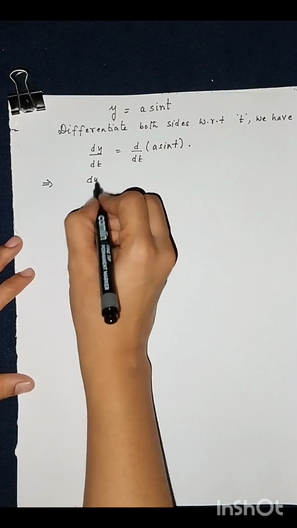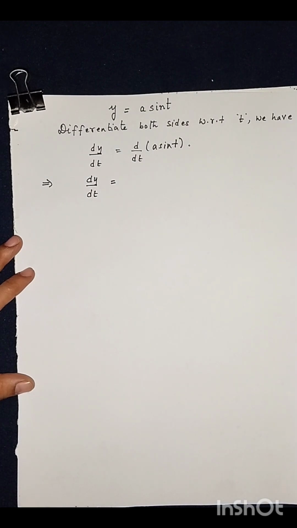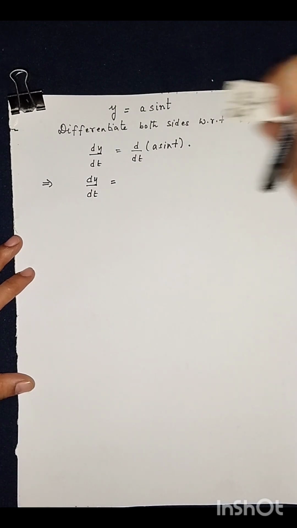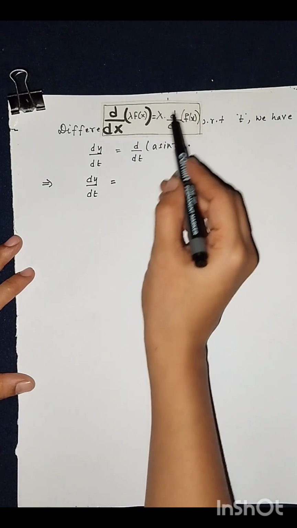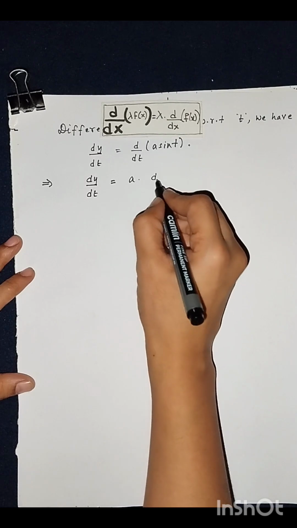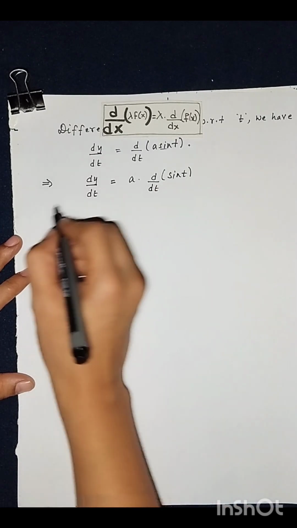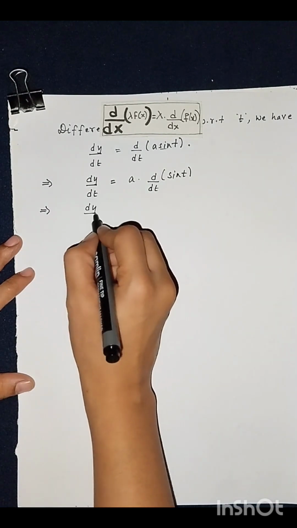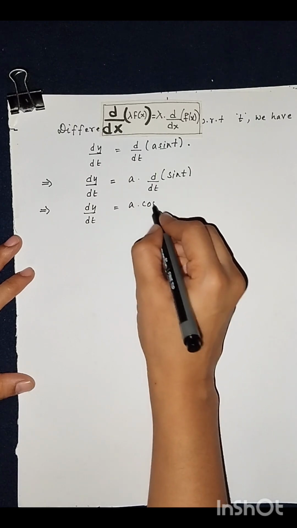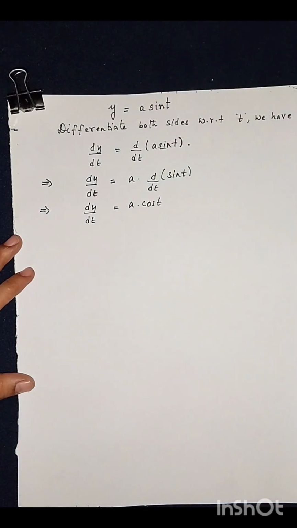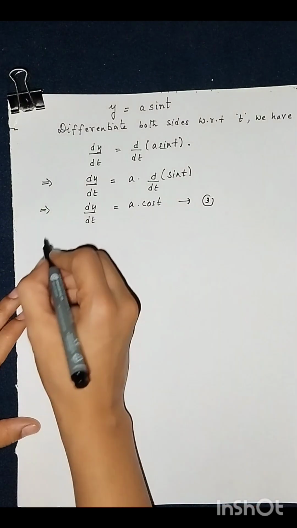Now this implies dy by dt is equal to, so we have derivative of constant into function. When we have derivative of constant into function, we will write constant into derivative of the function. So we will write a into d by dt of the function sin t. Now this implies dy by dt is equal to a into derivative of sin t is cos t. So this is 3. So we got dx by dt, dy by dt.